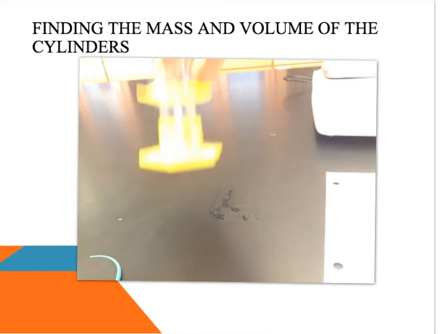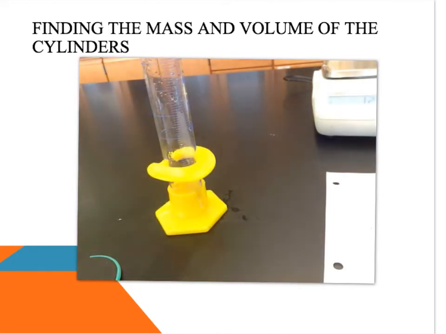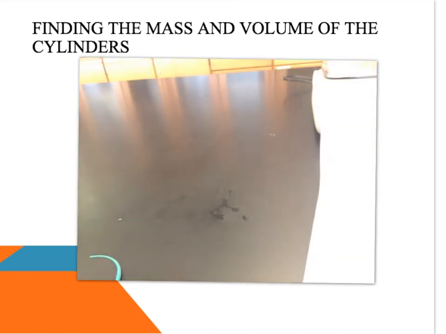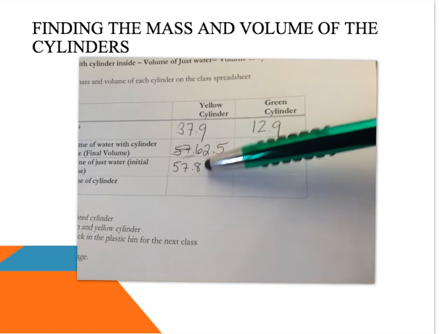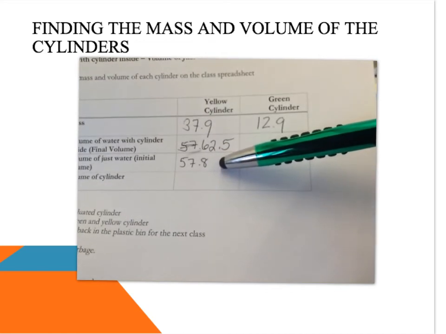And to find the volume of the green cylinder, I'm going to repeat this same activity by filling it up with a certain amount of water. Again, your amount does not matter as long as you are recording the initial volume of water before the cylinder goes in there.